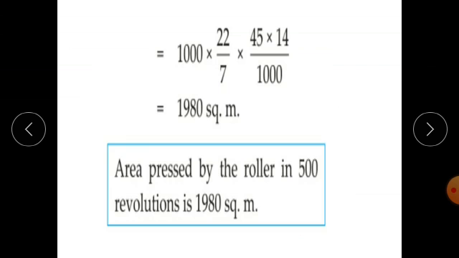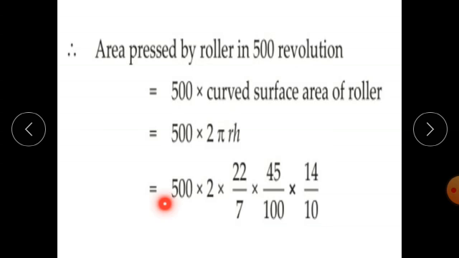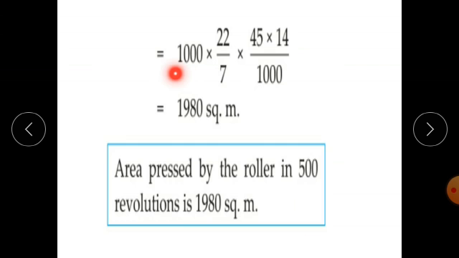So equal to 1000 into 22 upon 7 into 45 into 14 upon 1000. Here 500 into 2 is 1000, into 22 upon 7 into 45 into 14 upon 1000, equal to 1980 square meter.